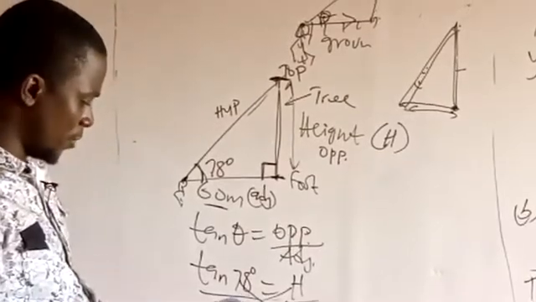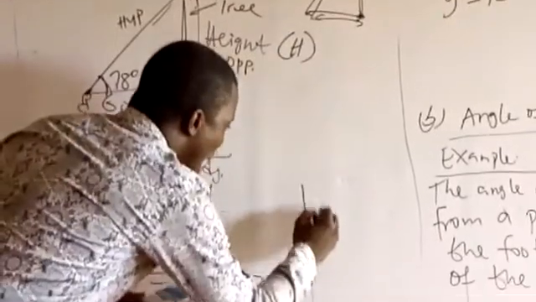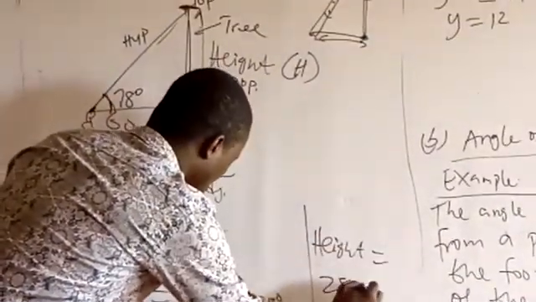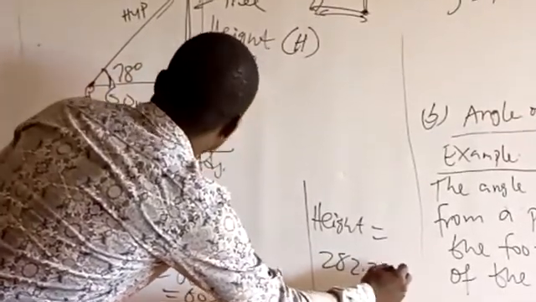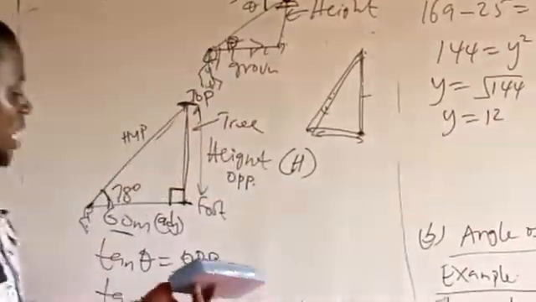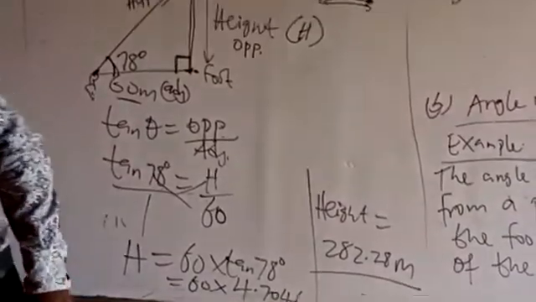We will have height equals 282.28 meters. Alright, so this is the height of the tree. The height of the tree that is from here to this place is 282.28 meters.